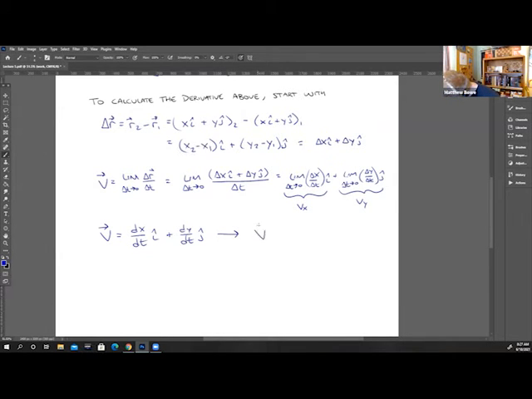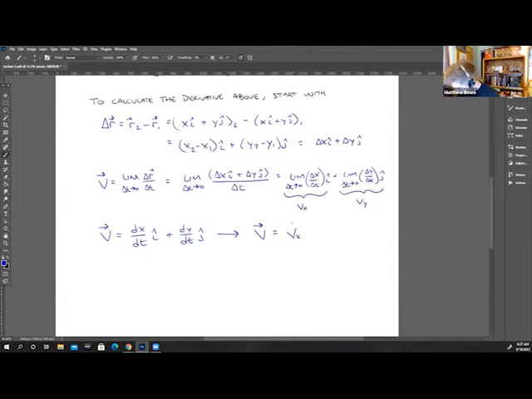That means the instantaneous velocity on a two-dimensional grid, and now you can see I don't have any sub values right here, is equal to its component pieces.